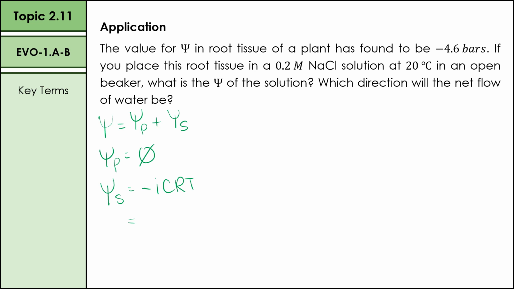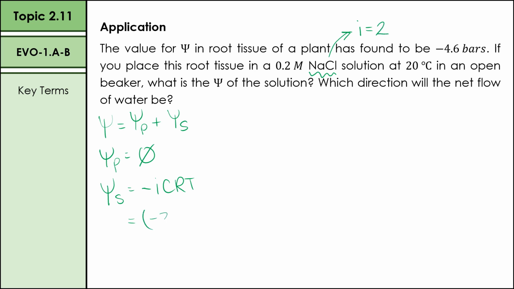So in this case, we are dealing with sodium chloride. Sodium chloride is an ionic compound, so it breaks down into two distinct parts when it gets into water. So that means that in this case, our i is going to be 2.